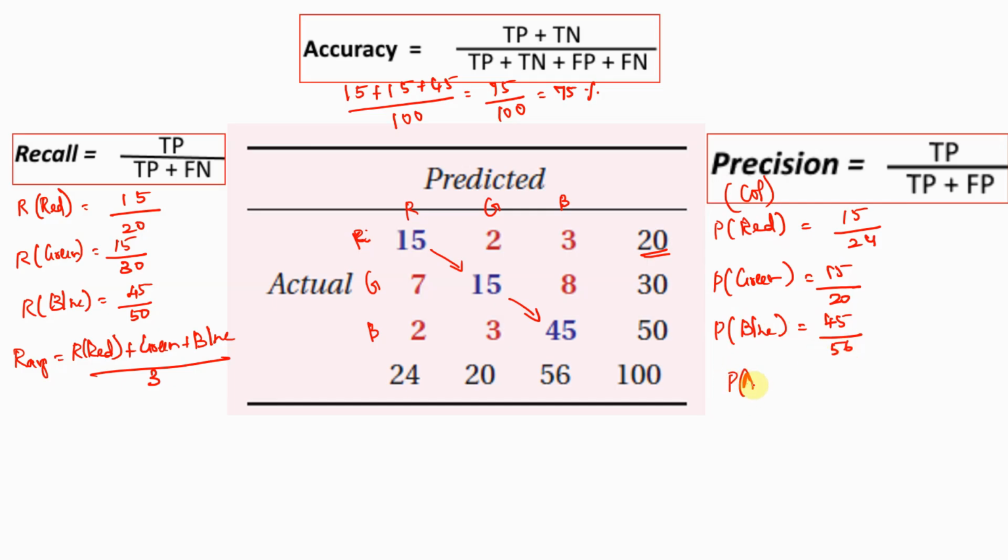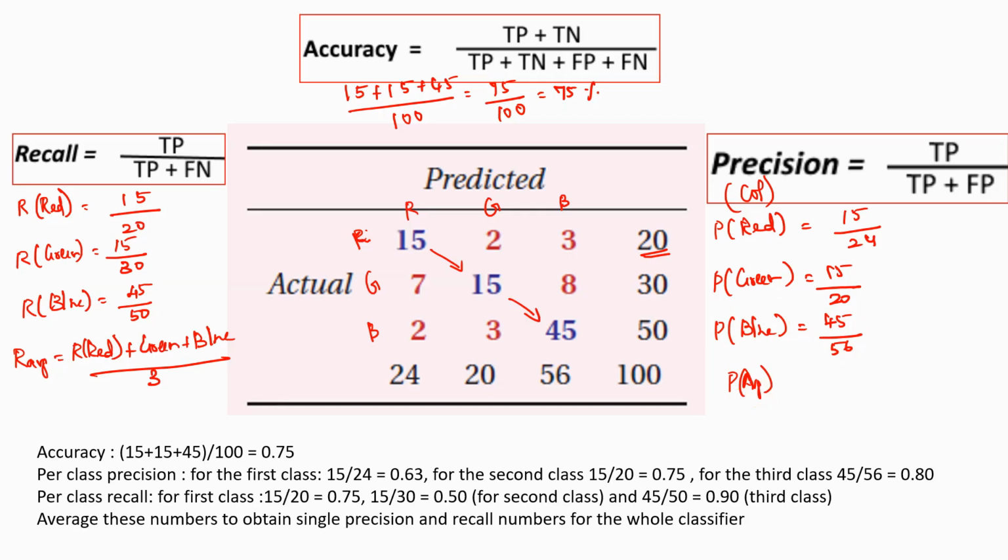Then you can take the average of the precision, which will give the precision of your model on average. So here you can see accuracy is there. Then you can calculate the recall and the precision class wise, and you can take an average of all these. That will give a single precision and recall for the whole classifier.